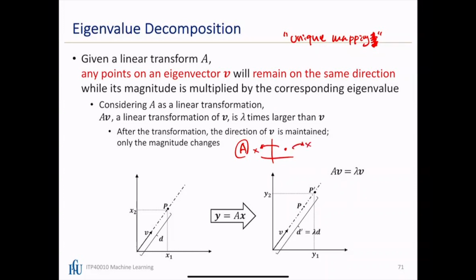But for this transformation A, there is a special vector. It is a vector, so it has a direction. If you take one of the points on this vector and apply this transformation matrix, it's not going to move left or right. It only goes in this direction or the other direction. That means it's just scalar multiplication, and there is no rotation.